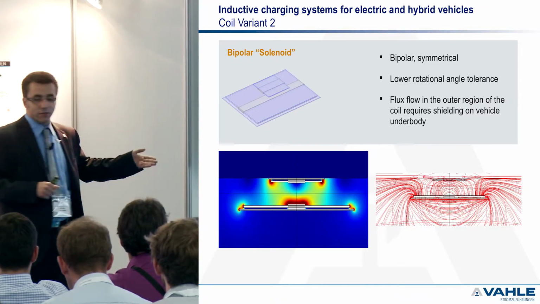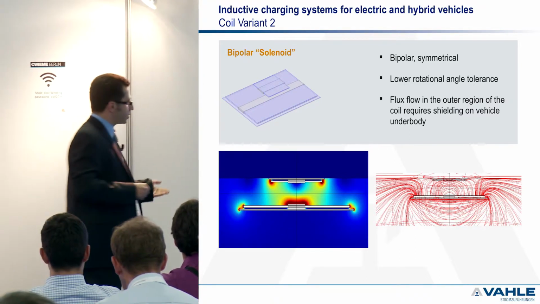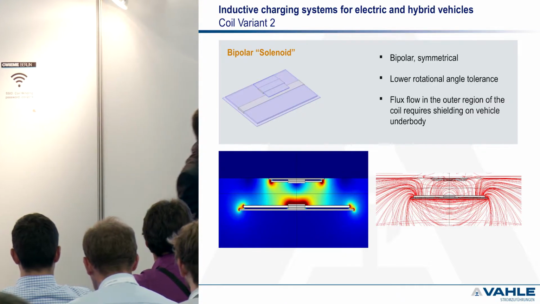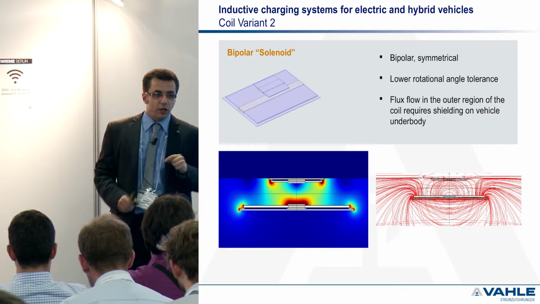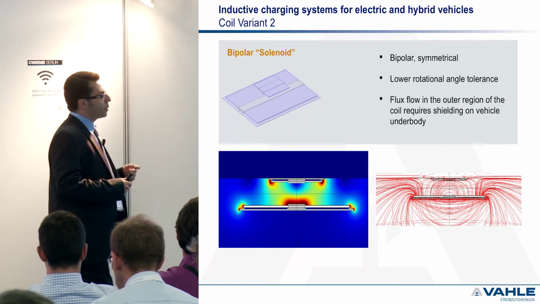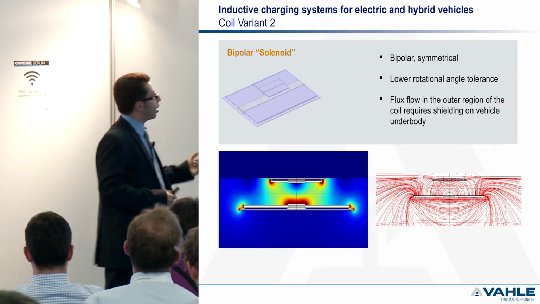Well, the drawback of this topology is that you need some kind of shielding. This line here is a shielding, an aluminum or copper shielding. Why? Because you have current on the top of the coil.